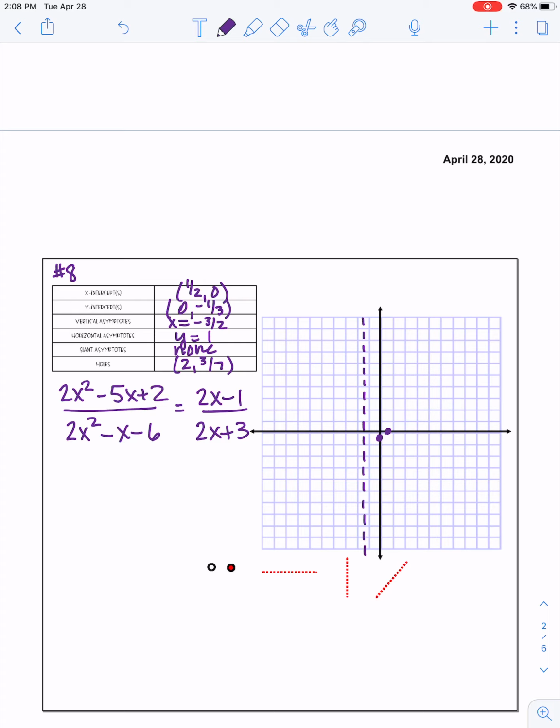Okay. Horizontal asymptote at y equals 1. And a hole at 2, 3/7. So estimating that to be approximately here.